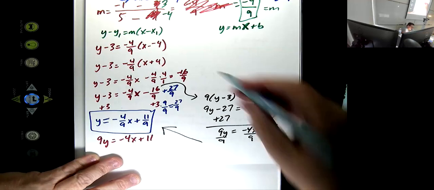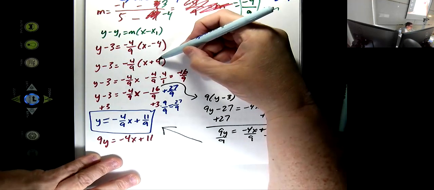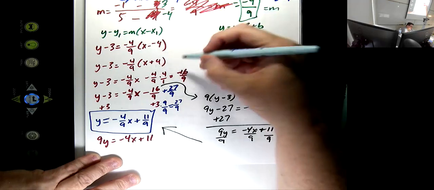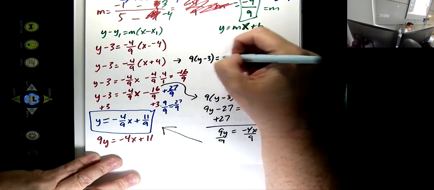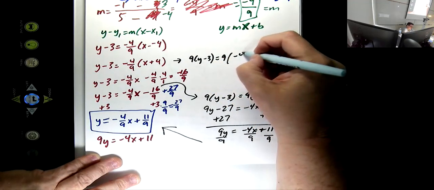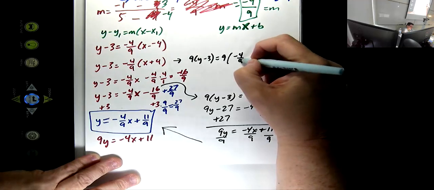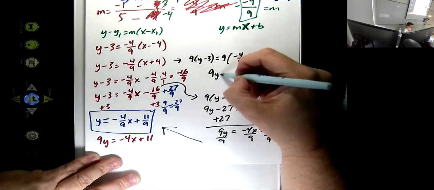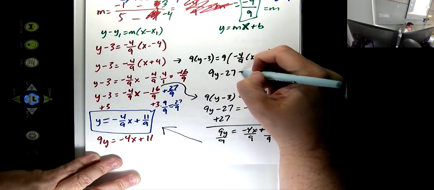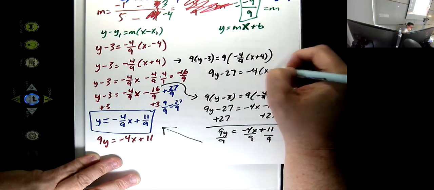In fact, we could have multiplied by 9 all the way up here, and you get 9y minus 27 equals -4 times x plus 4.